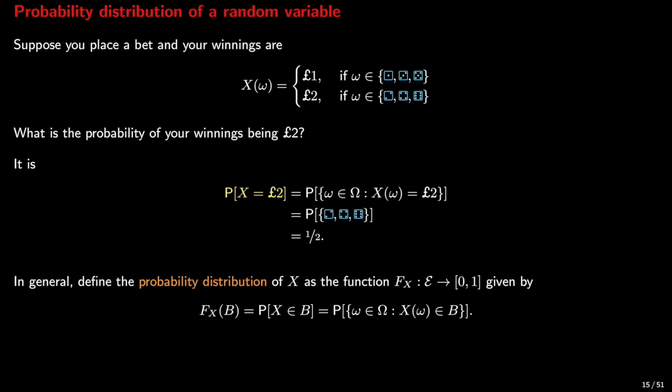So what is practically the probability distribution of X? It is a function that takes a set B and returns the probability that X is inside B. Once again, it's a function to which you provide B, and it returns to you the probability that your X is inside that set B. And what is the probability that X is inside B? It is the probability of the set of those omega in big omega, such that the outcome X of omega is inside B.